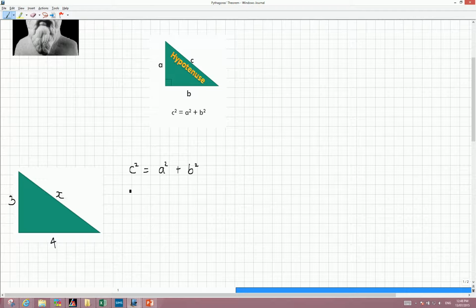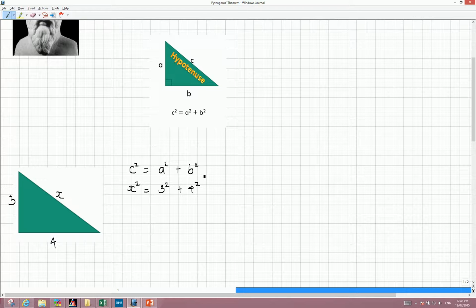So let's make our C an x. Okay, and then our A will be 3. So that's going to be 3 squared, and our B here at the bottom will be 4, so that's going to be 4 squared.